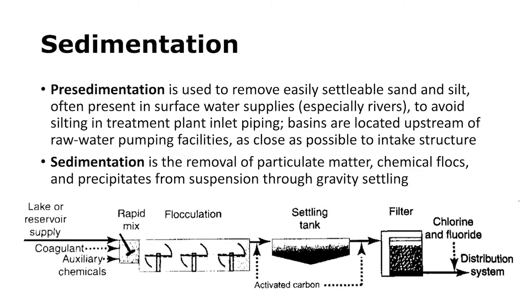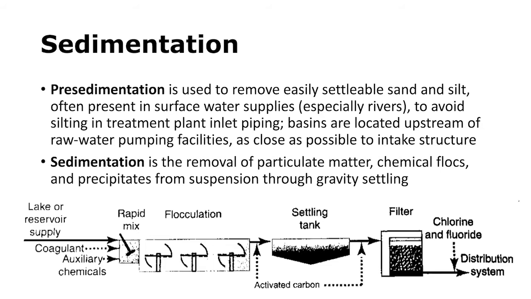All right, so there's two different types of unit processes where we might use sedimentation. The first is in some water systems where there's a higher concentration of solids, such as if we're using river water. We might use a pre-sedimentation step before we get into coagulation flocculation.